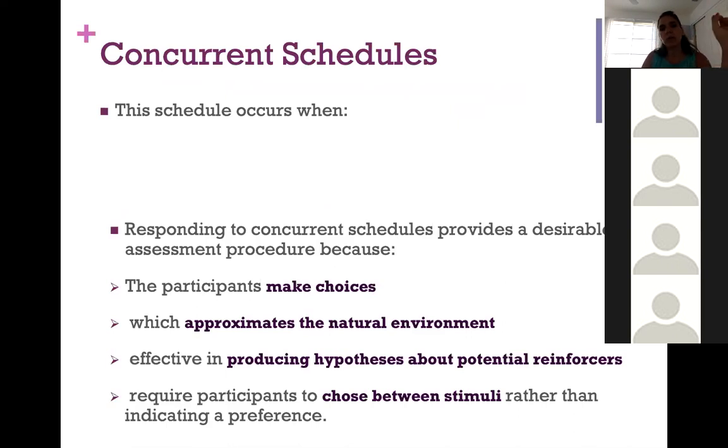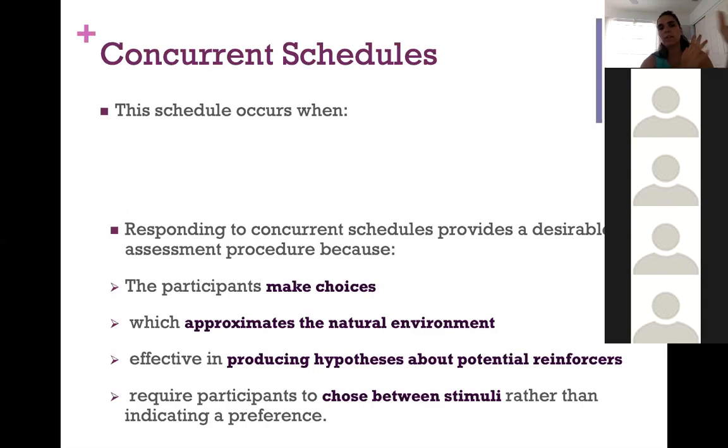When does this schedule occur? Who can tell me? When can you say, oh, this is a concurrent schedule of reinforcement? It goes with the matching law. Okay, but what do you see? You have 2 or more behaviors for 2 different schedules of reinforcement. Correct.